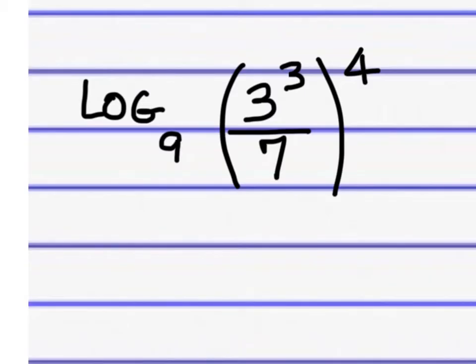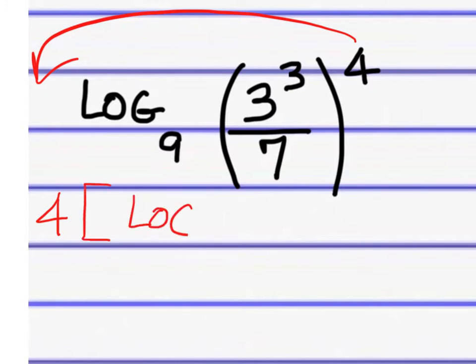You have log base 9 of the quotient of 3 to the 3rd over 7, and that is a quantity raised to the 4th power. So what you can do is move this exponent out to the left, but when you do, you must make certain that the 4 is going to act upon all of this: log base 9 of 3 to the 3rd over 7.